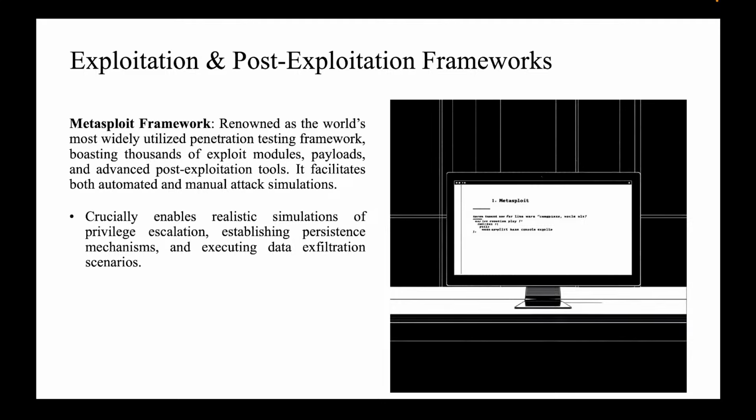Exploitation and post-exploitation framework. After finding the vulnerabilities, the next step is to use them safely. Like an ethical hacker, with permission, they will use that vulnerability safely to see how much damage an attacker could really do.